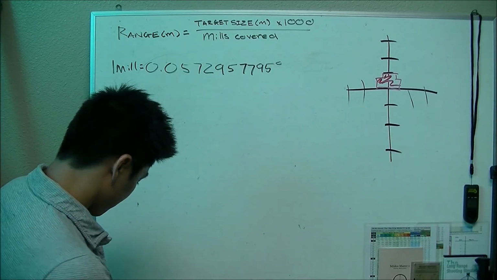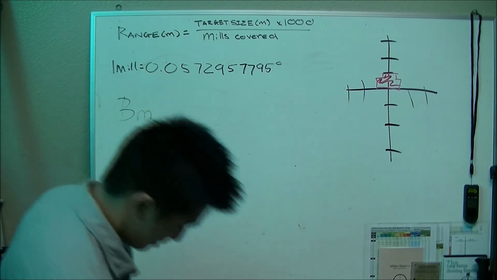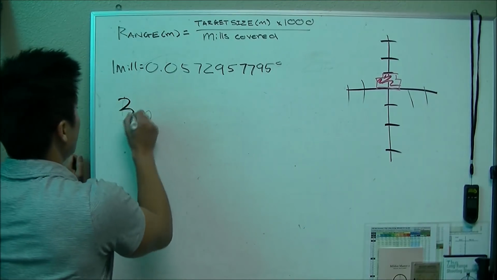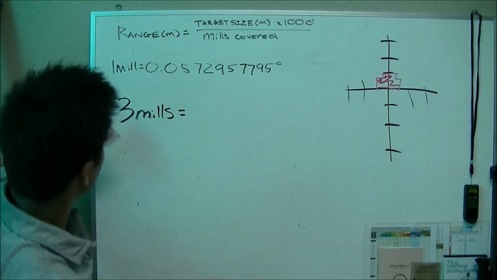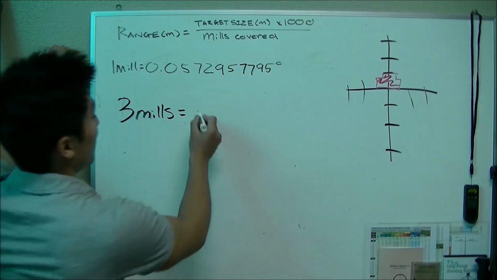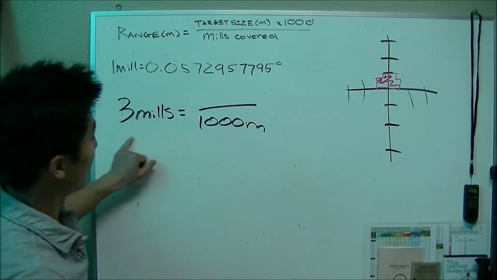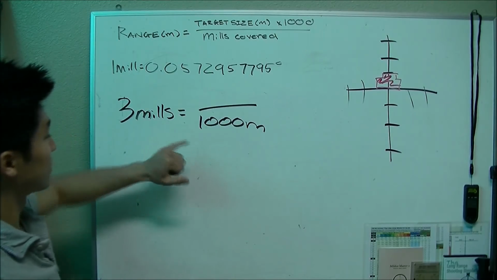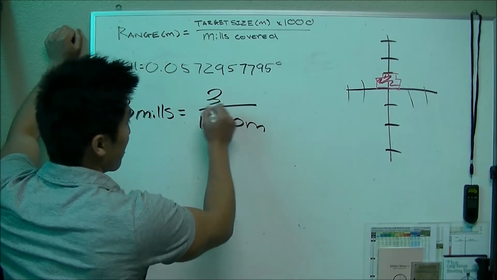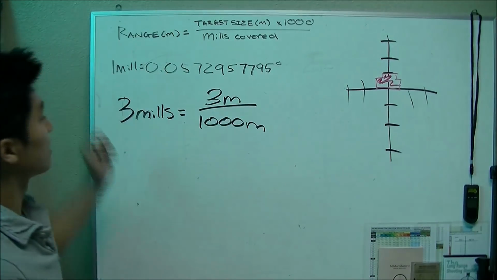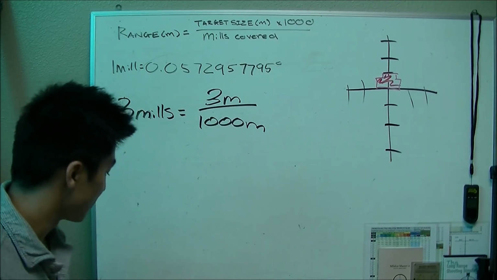Sorry. 3 mils, gosh. 3 mils is going to be what at 1,000 meters? Remember, because this is a unit of angle, so it's just a ratio, right? It's just going to be 3. So 3 mils is going to be represented as 3 meters tall at 1,000 meters.